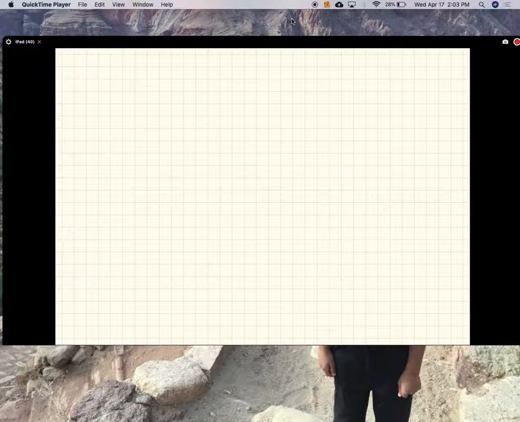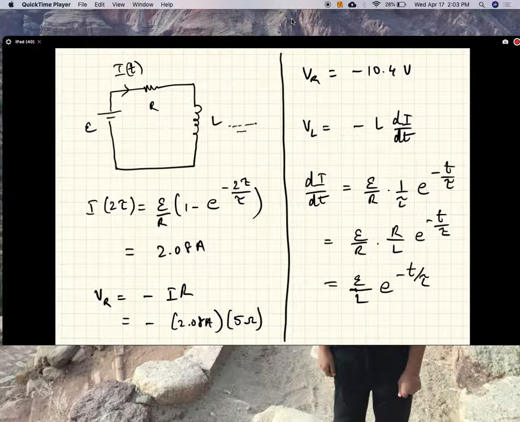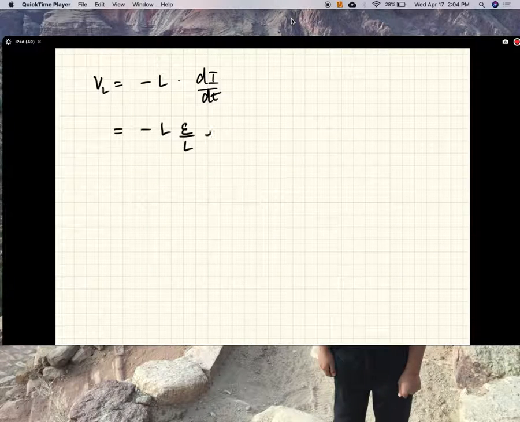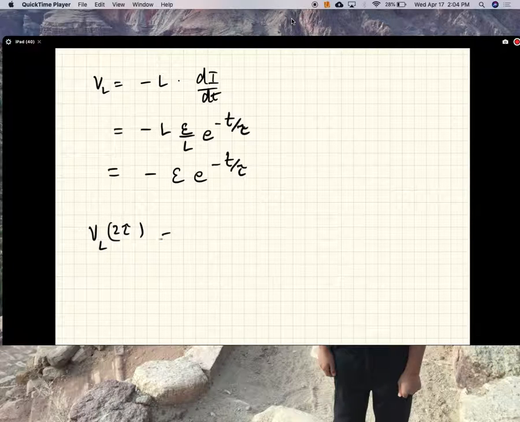So VL, and di by dt is E over L. We are calculating V of L at two time constants, so it's minus E times e to the power of minus 2 tau divided by tau, equal to minus E over e squared.